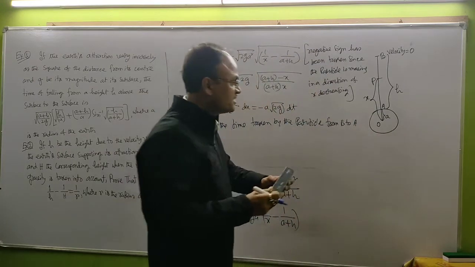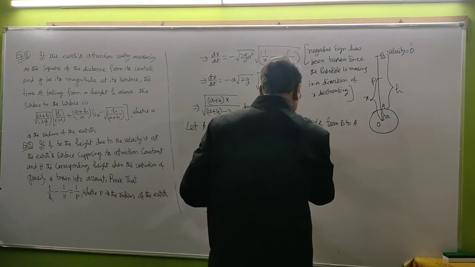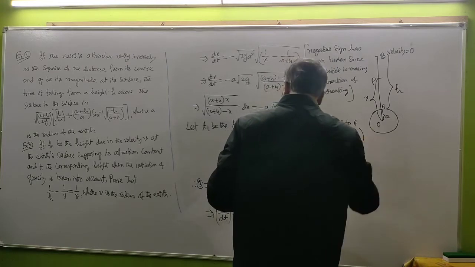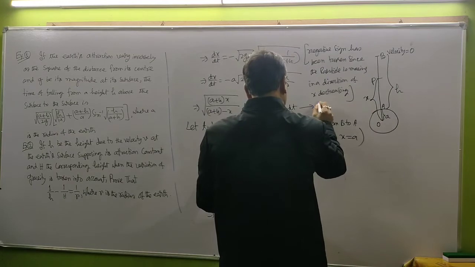From B to A means that is x equal to a plus h to x equal to a. Suppose this is number 4.